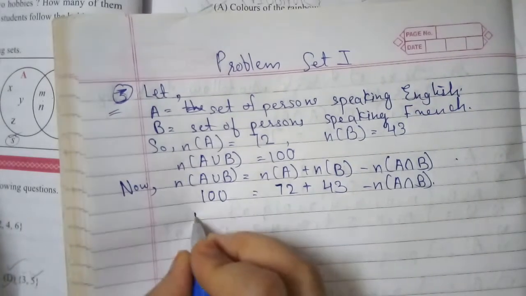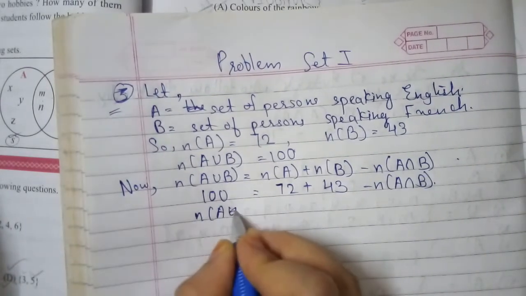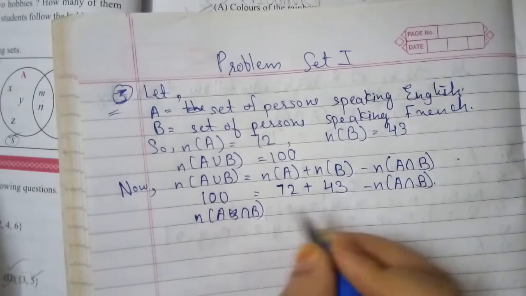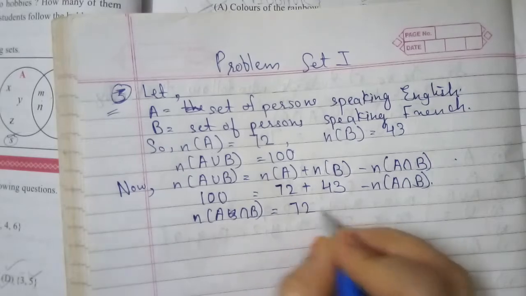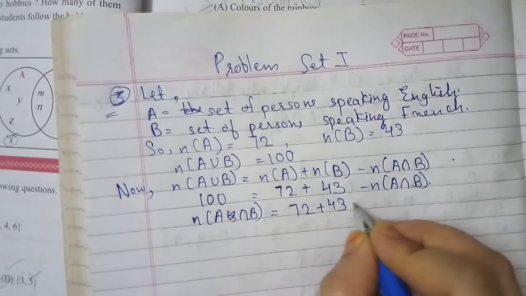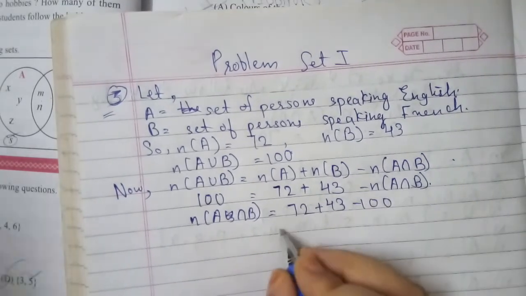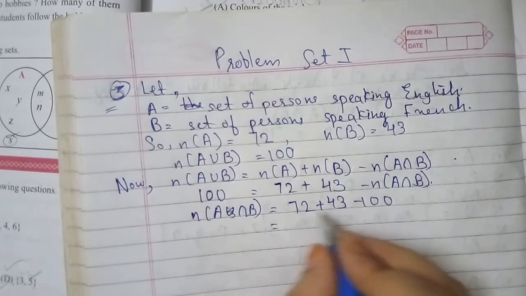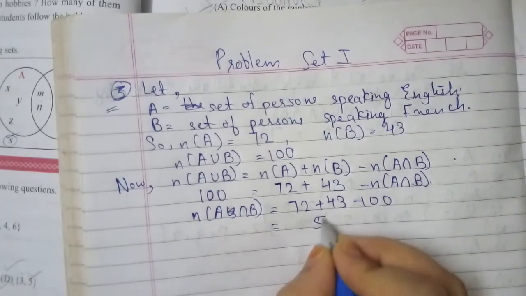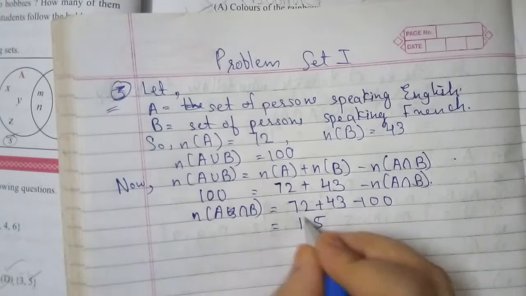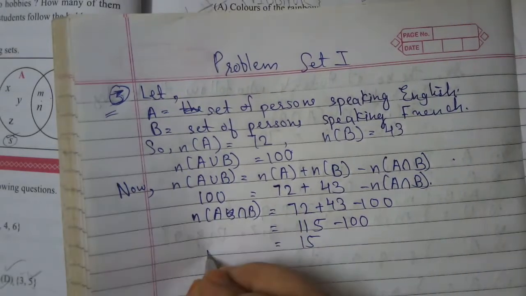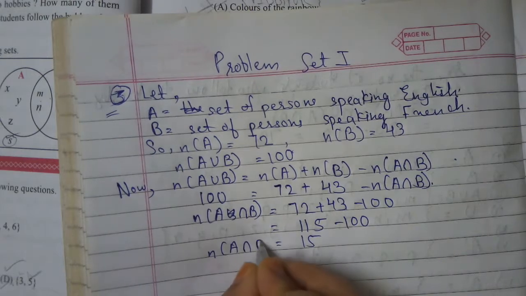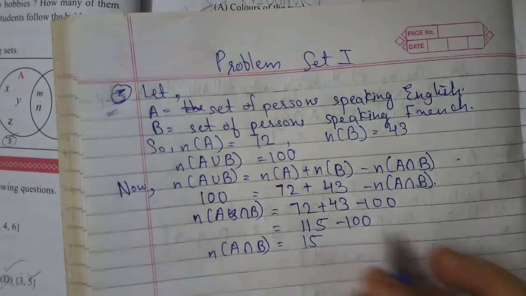Now this intersection set will come to the left hand side, and all the number values will be on the right hand side. Now let's add it. 3 plus 2 is 5, and this will be 115 minus 100, so the value will be 15. So the number of elements in A intersection B set is equal to 15.